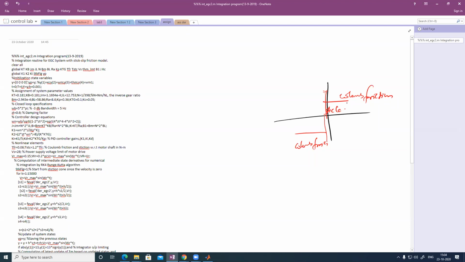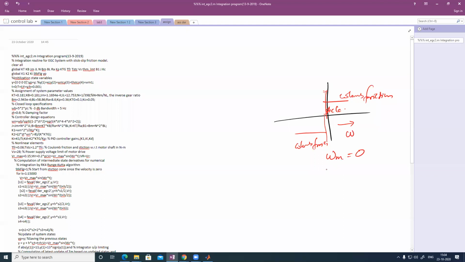In that model, if it is in the stiction zone, then the velocity omega m will be 0. And if it is moving in this direction, we have to calculate the value.